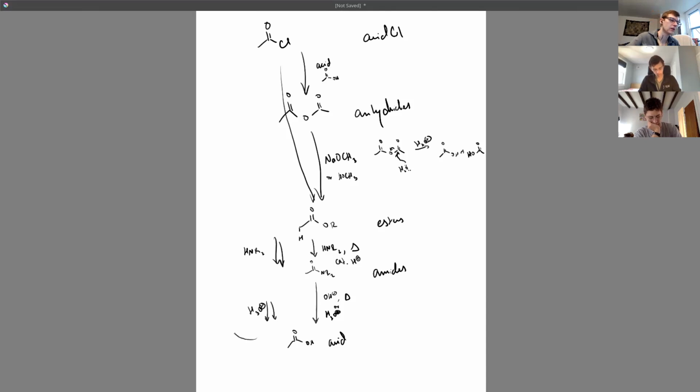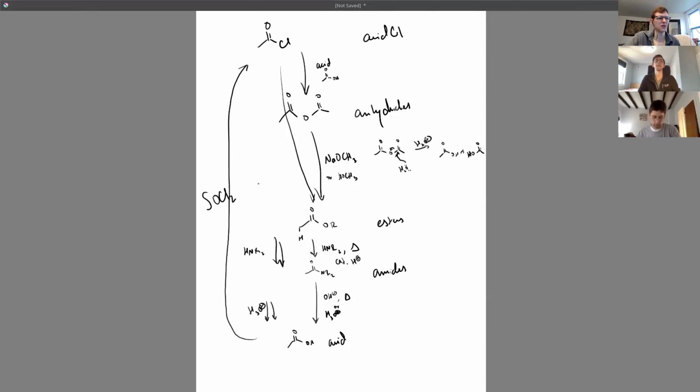And well, let's say we want to go all the way back up, and we want to go from an acid to an acid chloride. What should we use? Oh, SOCl2? Yeah, exactly. Nice and easy. It's really nice because you can climb all the way back up this ladder and then kind of descend your way down to whichever thing you want to make.